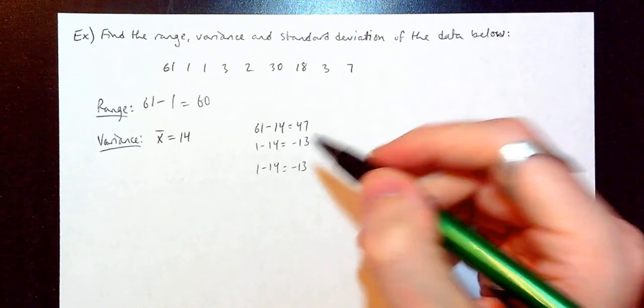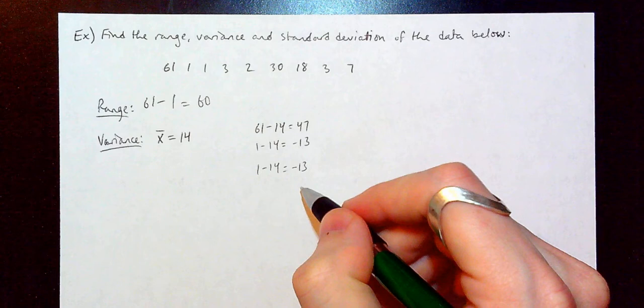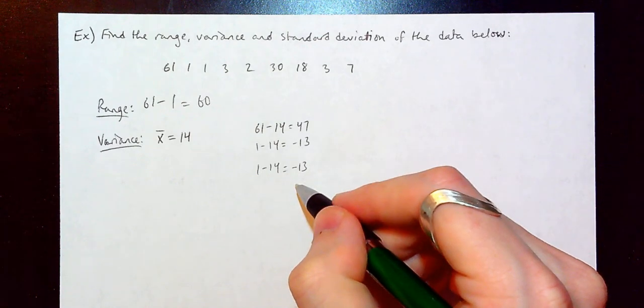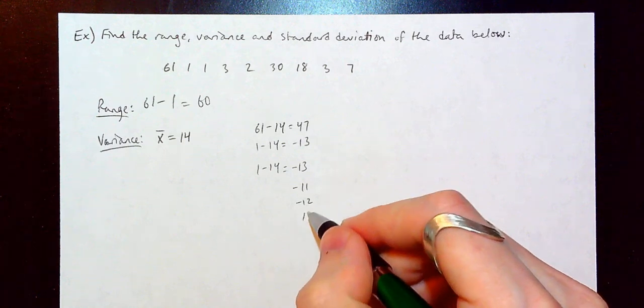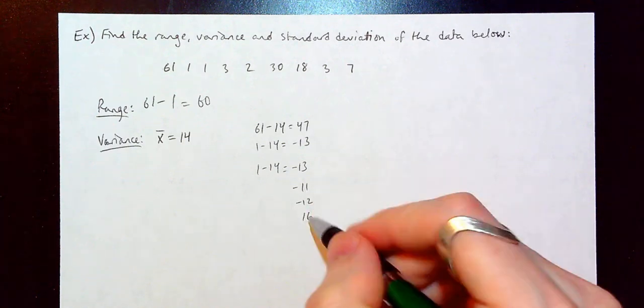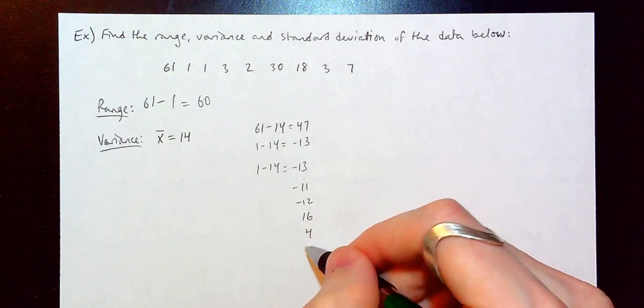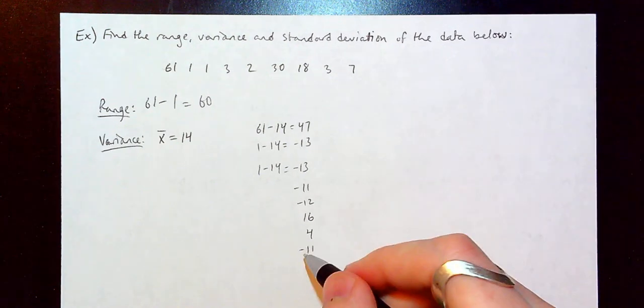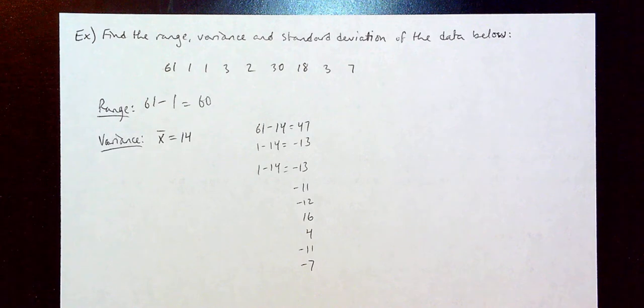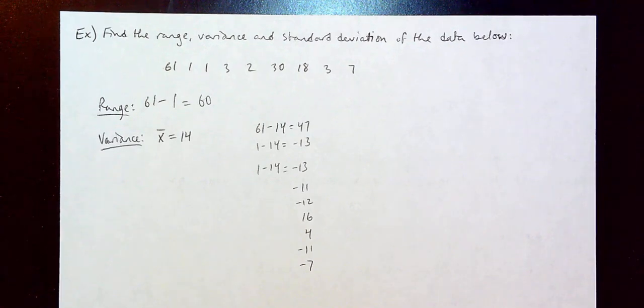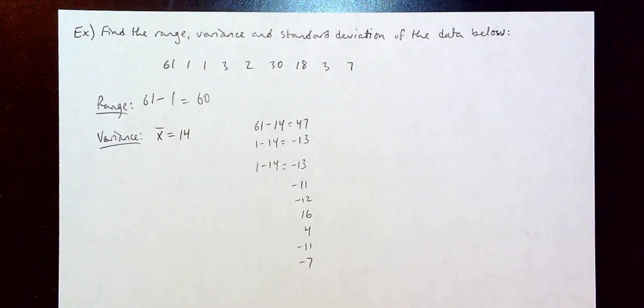And the other ones we're going to come up with are negative 11, negative 12, 16, 4, negative 11, and negative 7. That's all the differences that we have to do in step 2.